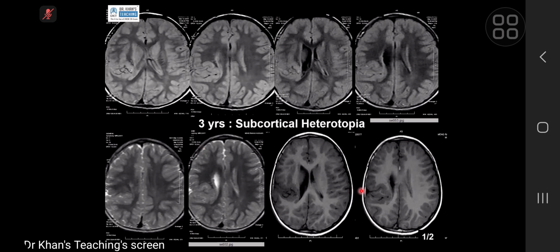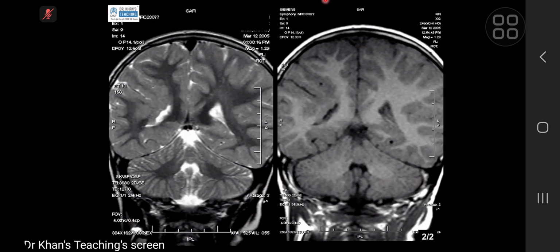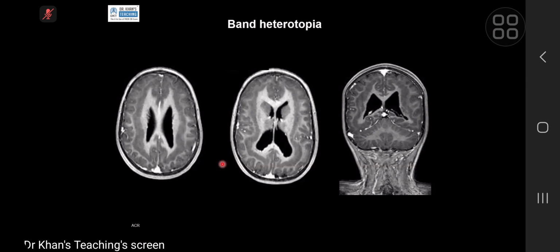In this case, there is more to it. If I show you a coronal, you can see that all the way there is arrest here. Compare it with the left side, and you can see that the cells are arrested here and from here till the subcortical region. There is another type of heterotopia, which is known as band heterotopia, in which the arrest is within the white matter.